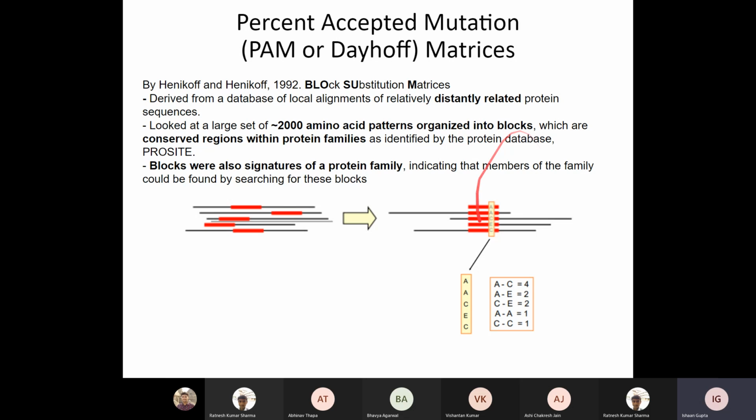Now, after you've got a block, you calculate how often you see a pair of substitutions. What do I mean by that? Let's say we have a block here with 5 sequences.